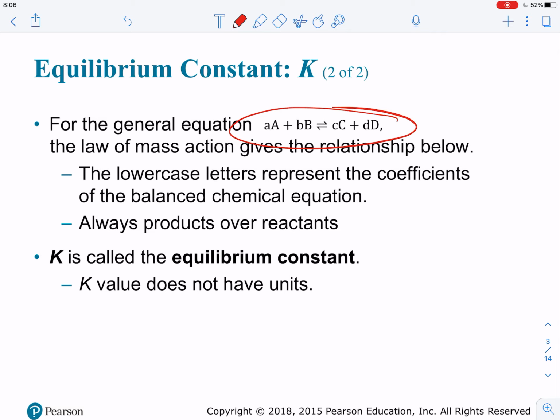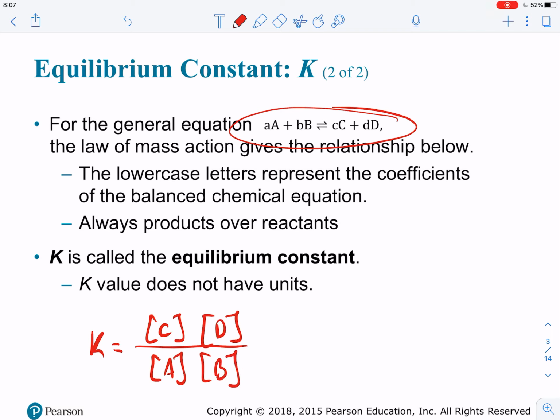So our constant is going to be products over reactants, correct? It's going to be your concentration of C times your concentration of D divided by the concentration of A times your concentration of B.